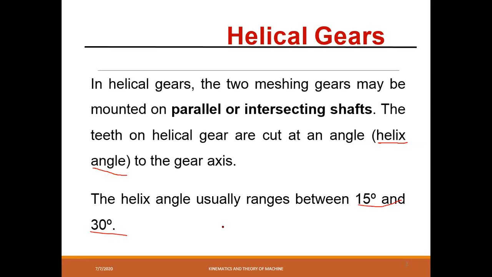Due to this arrangement of teeth, the torque generated is more than in the helical gear. But due to the more torque, the noise generation in the spur gear also increases. In helical gears, the operation is smooth and less noisy compared to the spur gear.